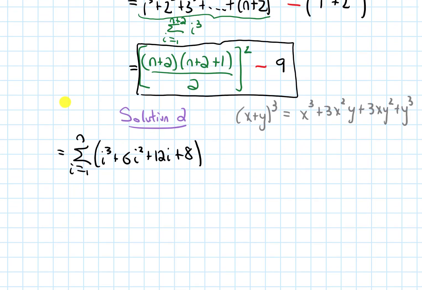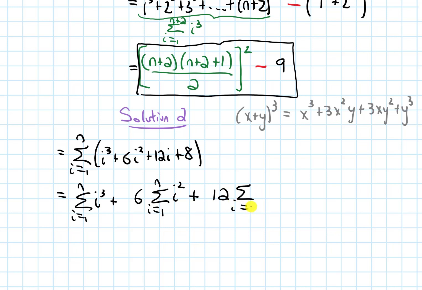Now we can split up this sum into pieces as the sum from 1 to n of i cubed. For the next term, I'm going to pull the 6 out in front because it's a constant. So we'll get 6 times the sum of i squared. With the next term, I'll pull the 12 out in front. So 12 times the sum of i. And the last term, we get the sum from 1 to n of 8.